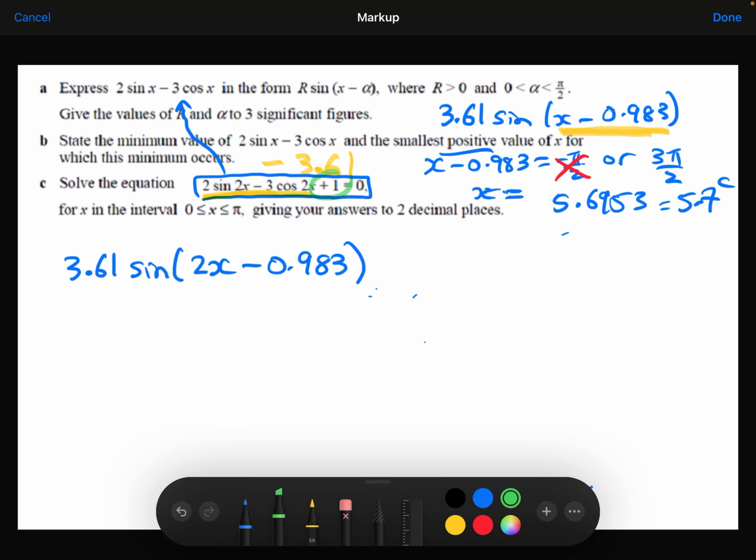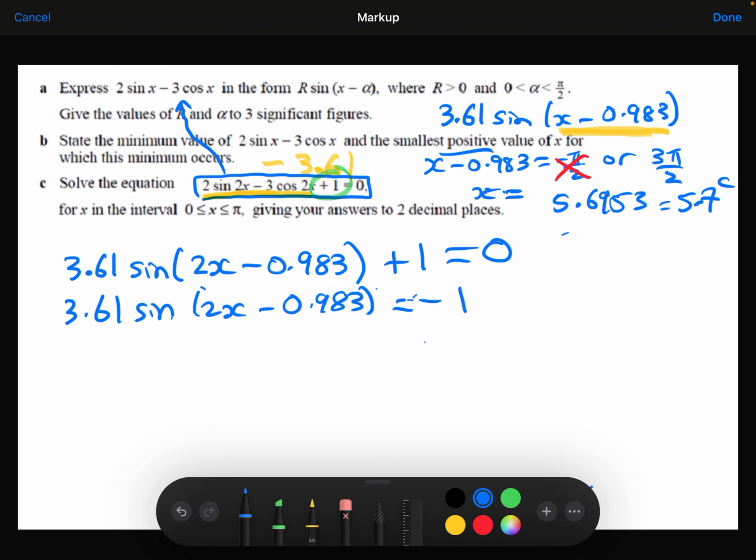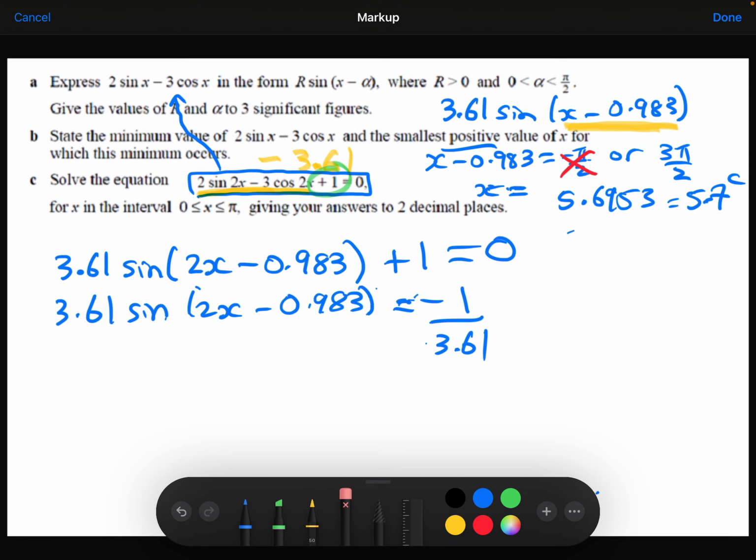I do notice I've got a plus 1 here as well, so I do need to include that. And that's going to equal 0. Next, I'm going to subtract the 1 from both sides of this equation. And then I'm going to divide both sides by the 3.61 to make the sine the subject.